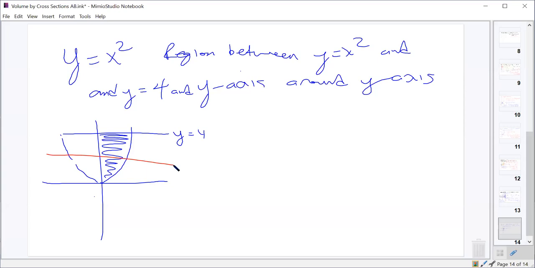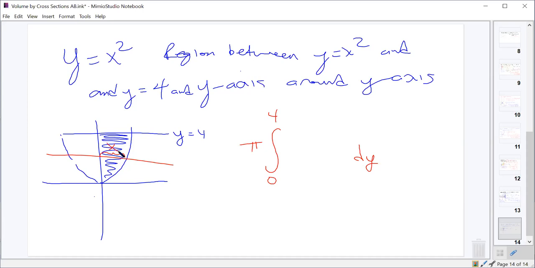So we just need to do pi times the radius, and we need to integrate it from 0 to 4, and we have to do it in terms of y because we sliced it horizontally. So what is that radius? The distance from here to here is always going to be x, right?